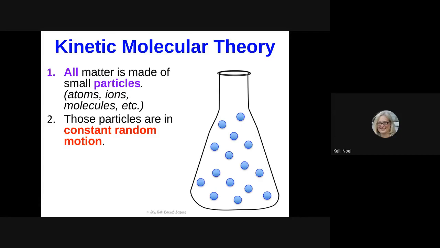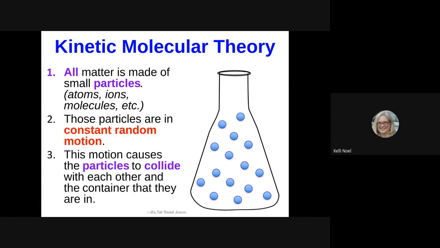And these particles are going to be in constant motion. And the motion is going to cause these particles to collide in whatever container they are in. A solid has very little motion. They're just vibrating. A liquid, they have more motion. And a gas, they have a lot of motion.